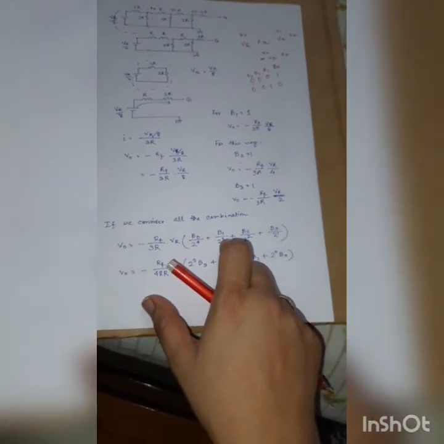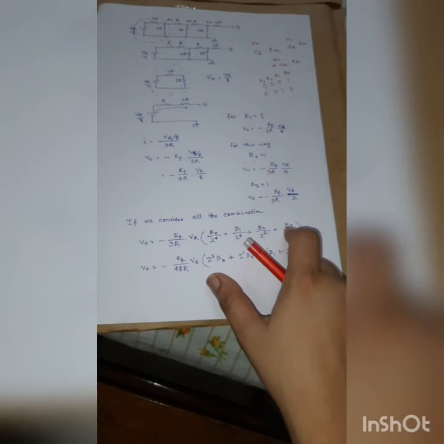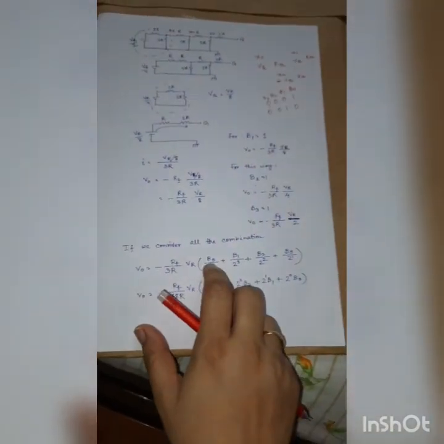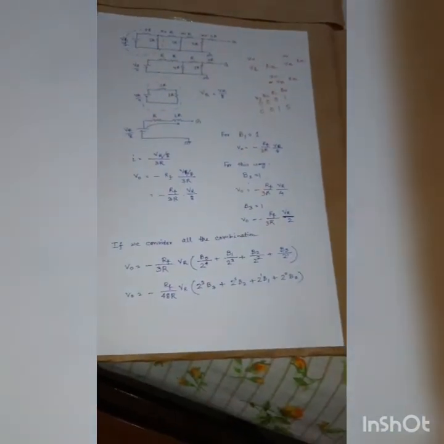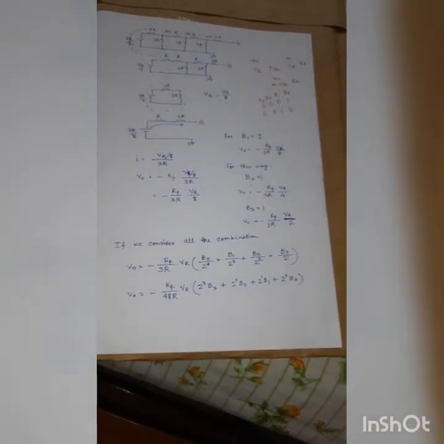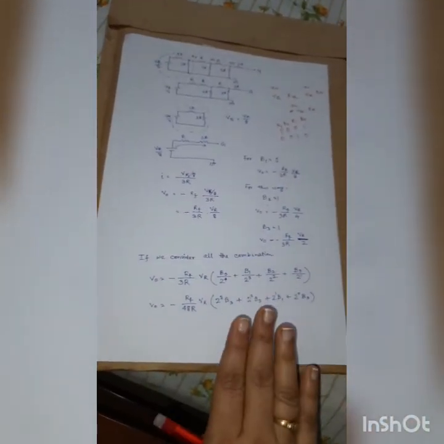If B1 equals to 0, this will not remain. If B2 is 1, then it will remain. And if B3 is 1, it will remain. And so on. According to the value of B0 and B1, which part of the resistance the calculation will be taken, and which are not, that has been decided. So it is the overall combination. This is a general equation of this circuit.